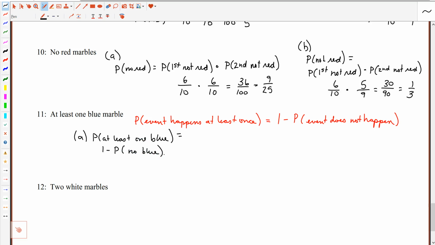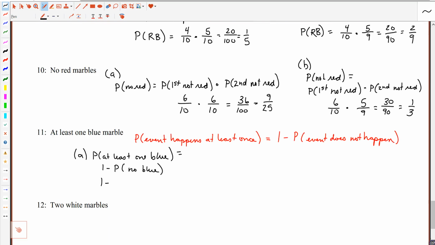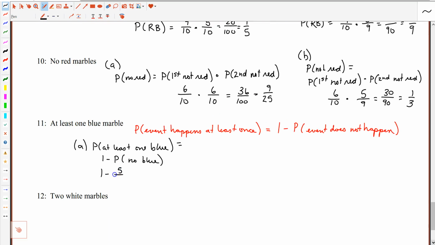Well, coming up here you have 5 marbles that are not blue out of the 10 total. And because this is with replacement, on the second stage you still have 10 marbles and you still have 5 that are not blue. So computing this, it will be 1 minus, multiplying those fractions together, 25 over 100. So this will be 75 over 100, or 3/4.